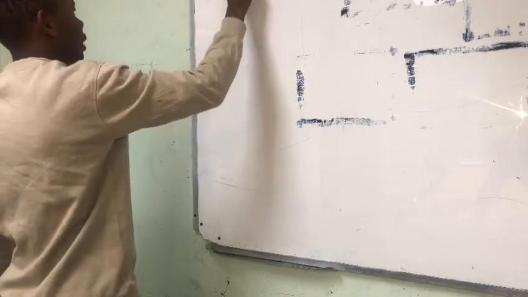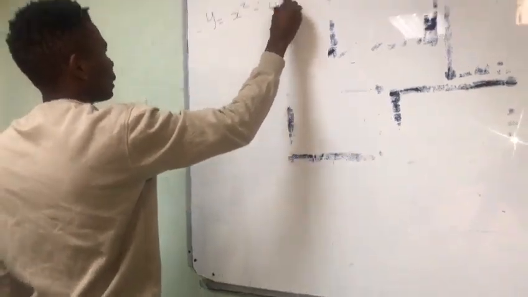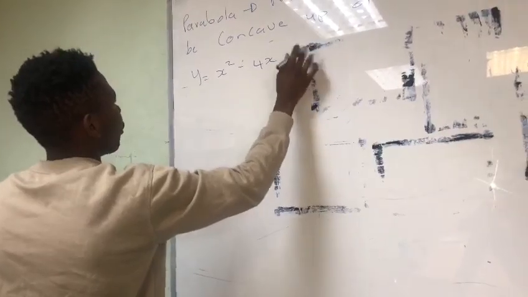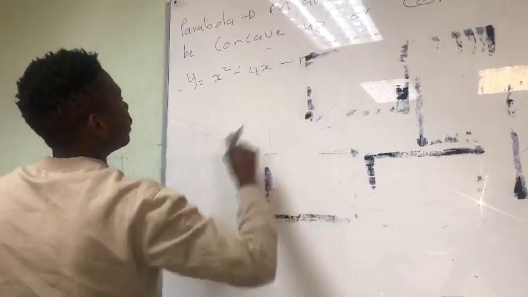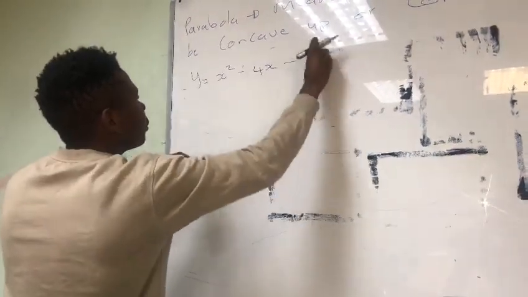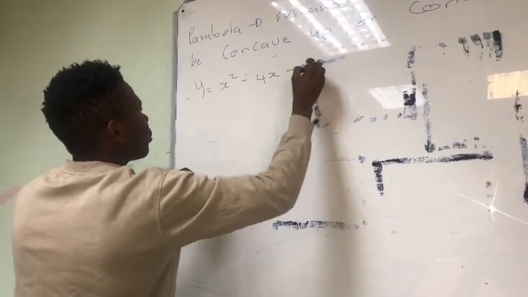y is equal to x squared minus 4x minus 12. It's a minus 12, right?